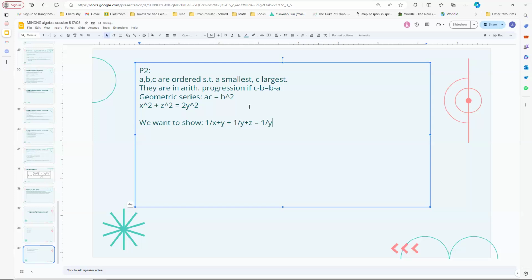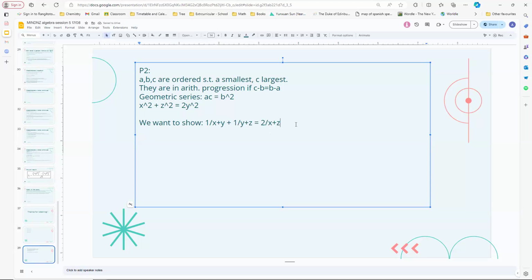Yeah, so we want to show that 1 over x plus y plus 1 over y plus z equals 2 over x plus z, right? Wait, no, it should be x plus y plus x plus z. I think x plus z should be the one on the right. 1 over x plus y plus 1 over y plus z equals 2 over x plus z.